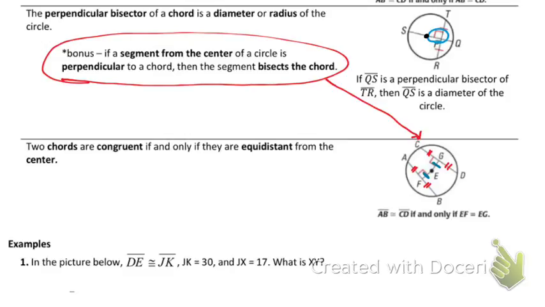Those are two huge things, and you're going to use them multiple times on the homework. So make sure you get a firm grasp of those. You're just looking out for 90-degree symbols, and you're looking out for these distances being the same.